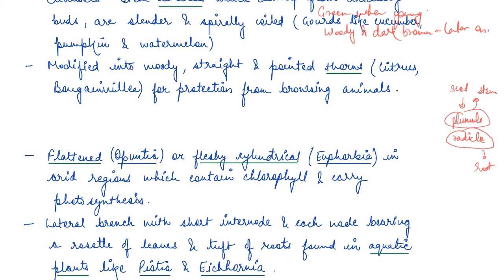Then in plants like mint and jasmine, you'll see a slender lateral branch which arises from the base of the main axis, and after growing aerially for some time, it arches downwards to touch the ground, right? And a lateral branch with short internodes, each node bearing a rosette of leaves and a tuft of roots, is found in aquatic plants like pistia.